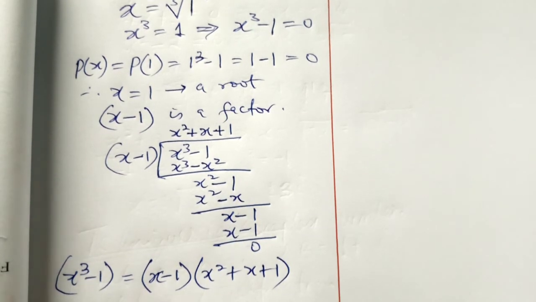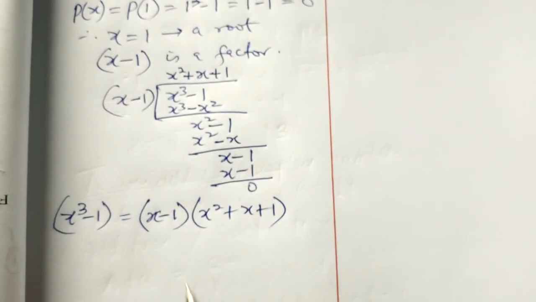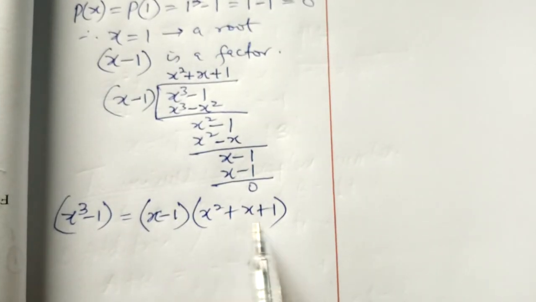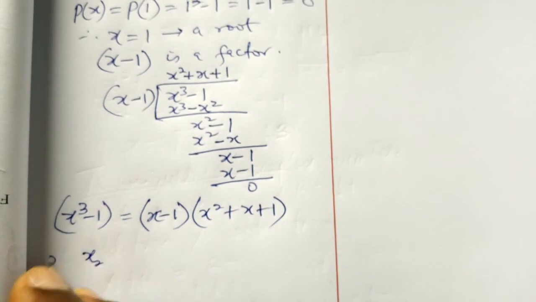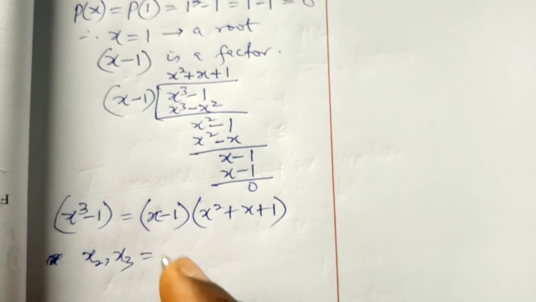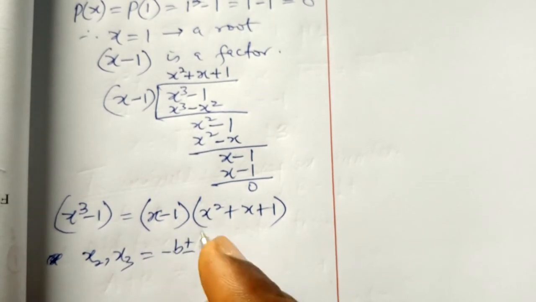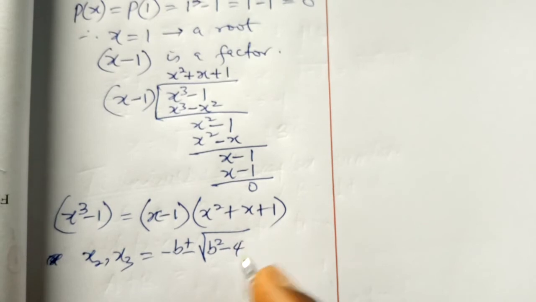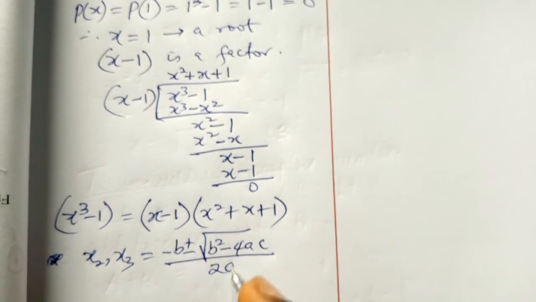But we can use the formula method of solving a quadratic equation to find these numbers. We can use it for x2 and x3, since we have found x1. x is equal to minus b plus or minus the square root of b squared minus 4ac, all over 2a.